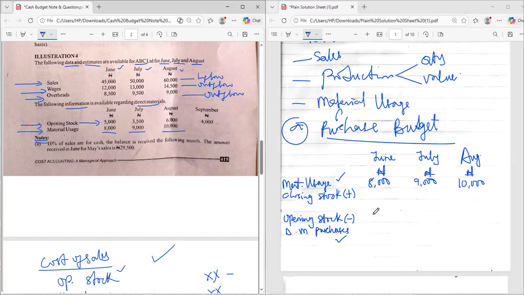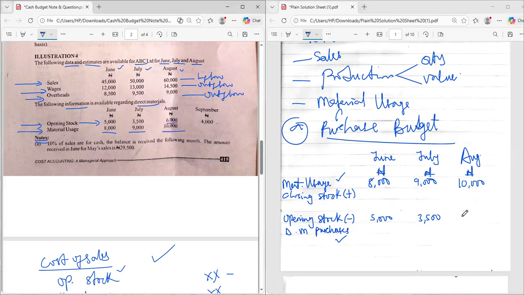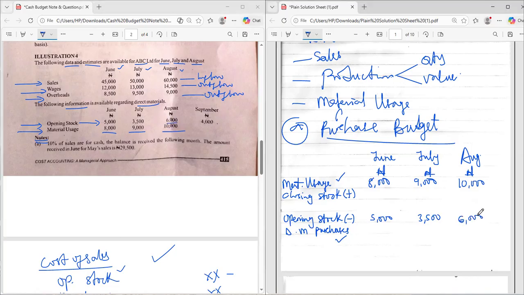What's our opening stock? 5,000. What again? 35. So the closing stock for June will be what? Opening for July, that's 35.